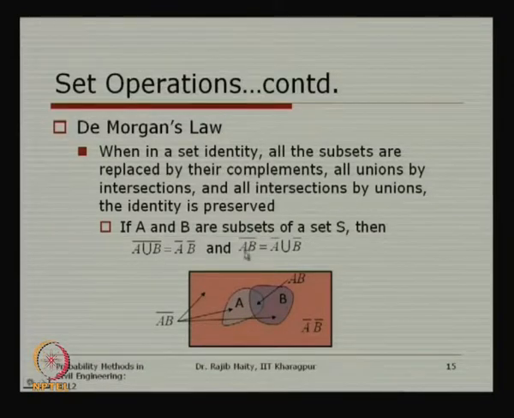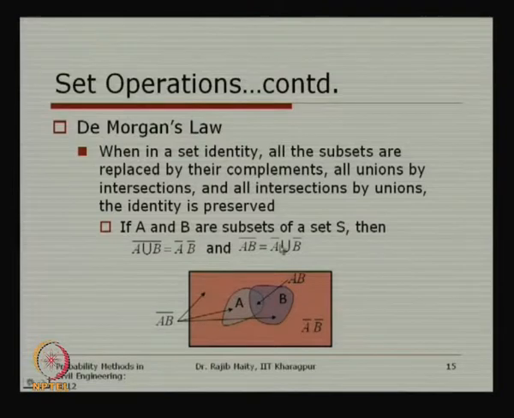Similarly, if I say A intersection B, then A intersection B is nothing but only this area. Now if I take the complement of A intersection B, which is shown by this bar here, it is nothing but the summation of three areas. One is this area plus this area plus this area, and these three areas are nothing but A complement.